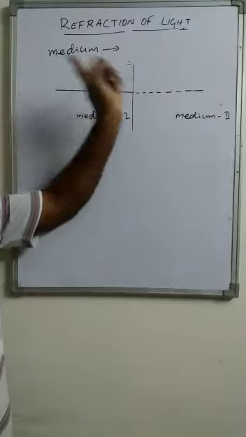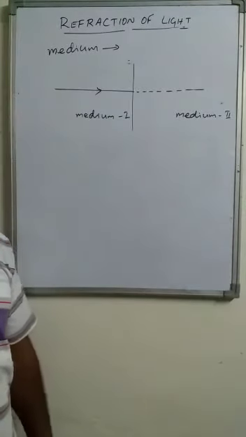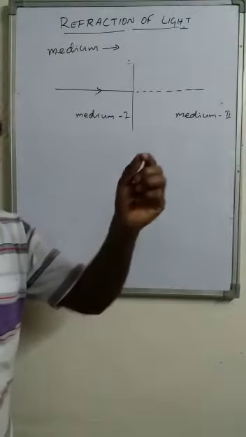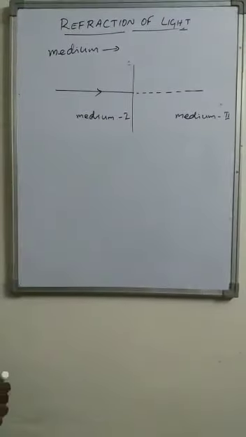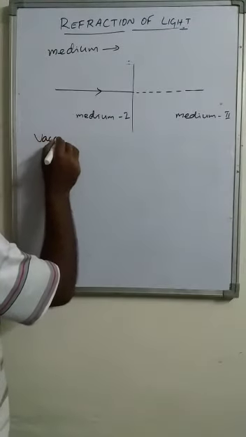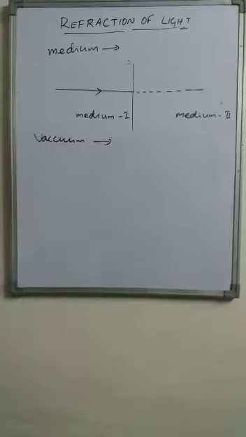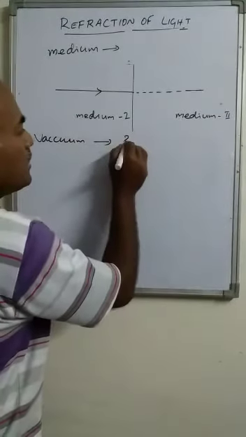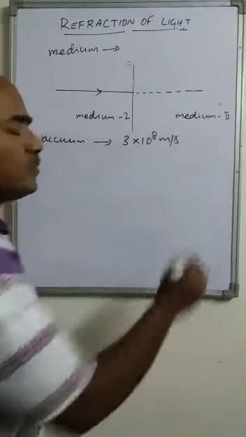Because light travels with some speed, its velocity is utmost in vacuum. In vacuum, the speed of light is utmost, that is 3 into 10 power 8 meter per second.